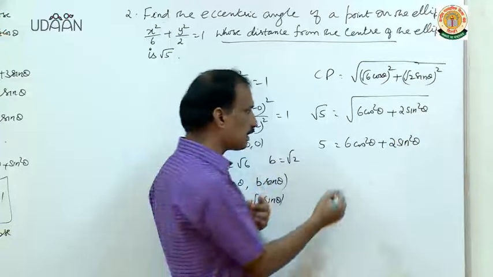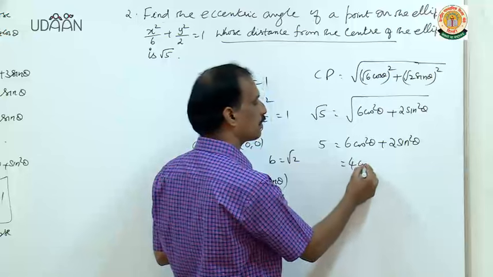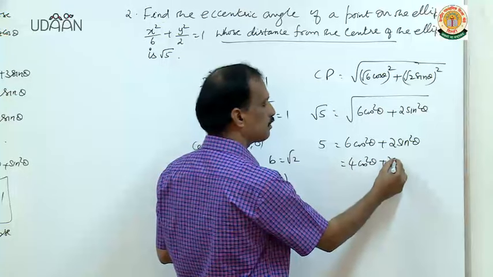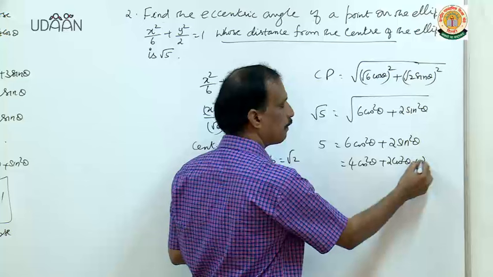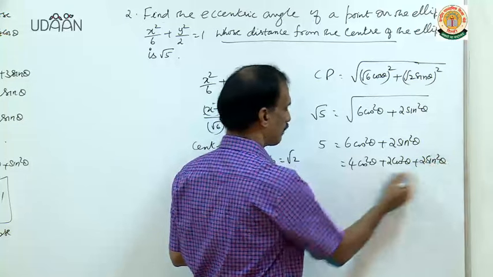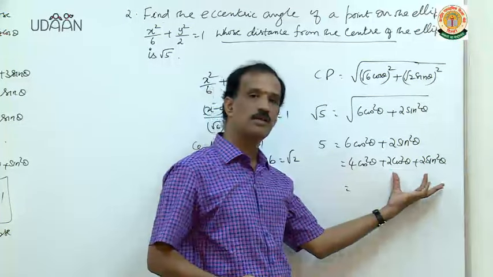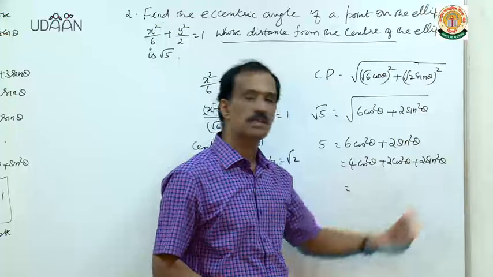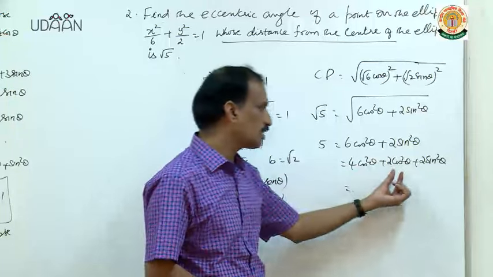We can simplify this and write it as 4 cos square theta plus 2 cos squared theta plus 2 sin squared theta. Grouping this, we know that cos squared theta plus sin squared theta is 1, so this will give us 2.